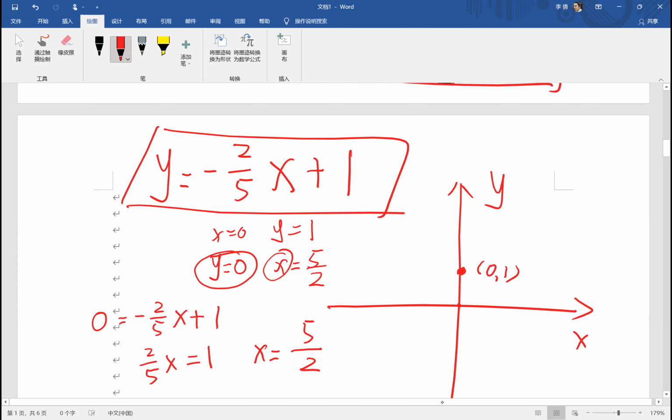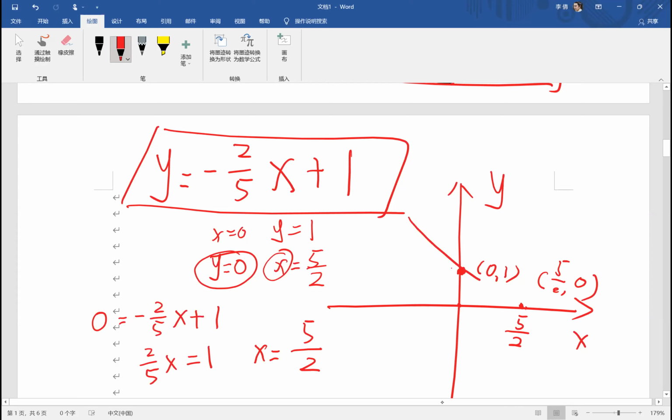Okay, so we located it at 5/2, and this point will be (5/2, 0). So the picture of this line will pass through this point, right?